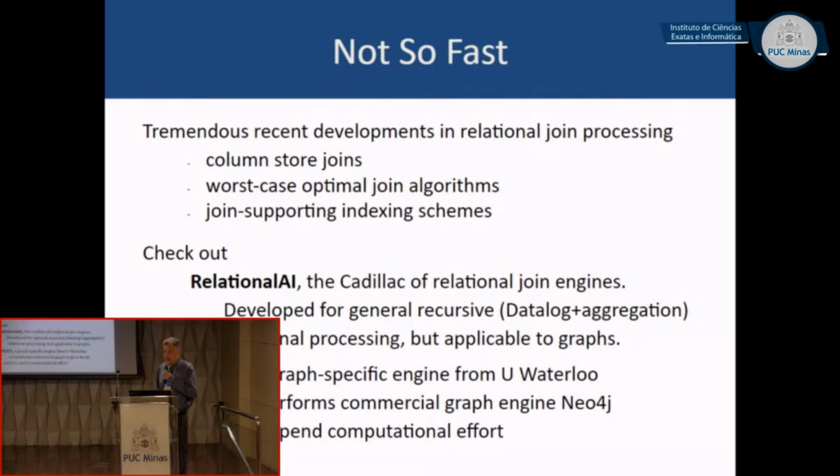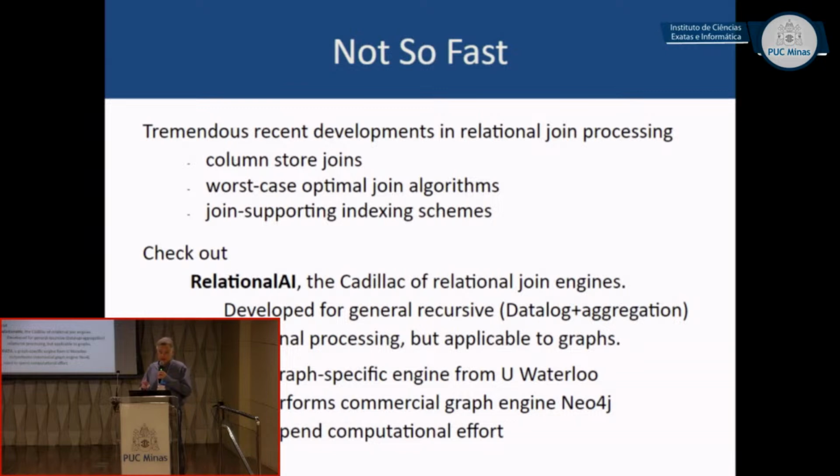And as a matter of fact, there are, even in this graph database setting, a bunch of commercial and academic prototypes that use exactly these techniques coming from the relational world for graph querying.